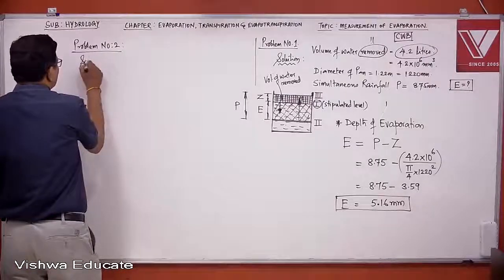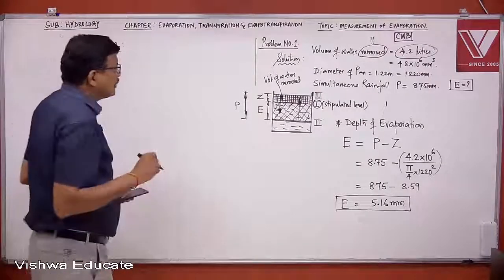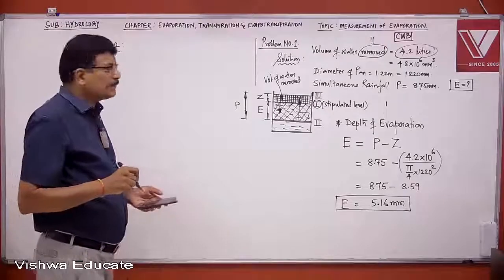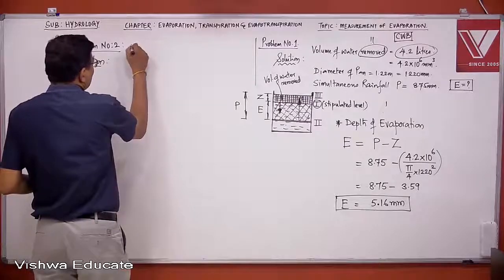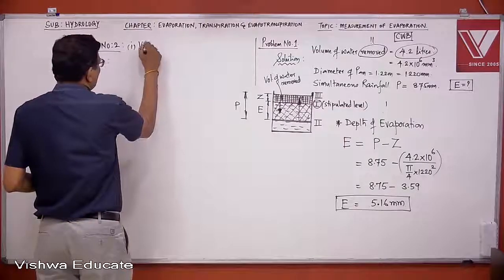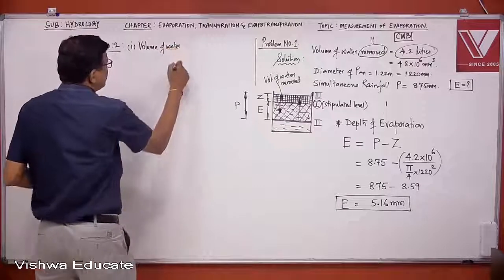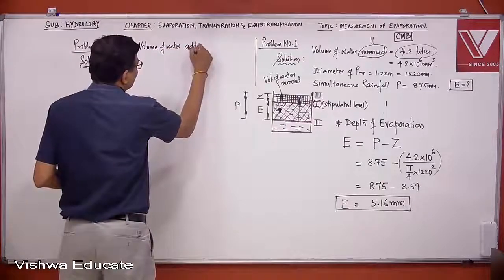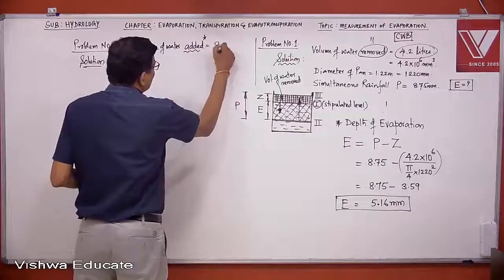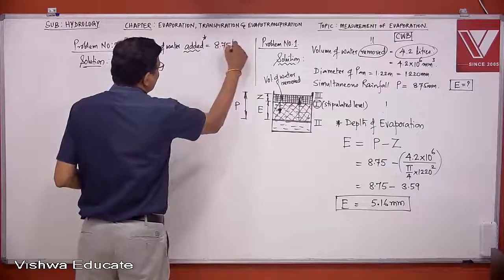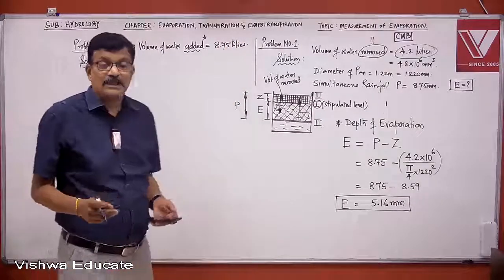Let us look at the solution, but before we solve, let us just write down the data that has been given to us. First one, volume of water added. This is 8.75 liters. This much is the amount of water that is added.